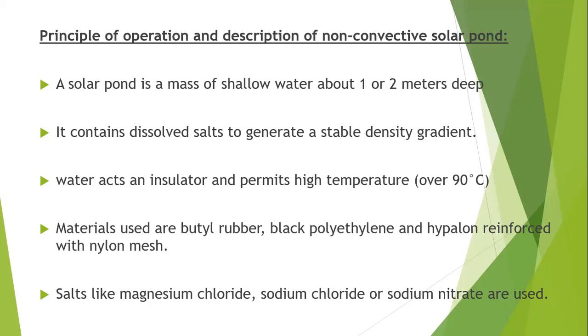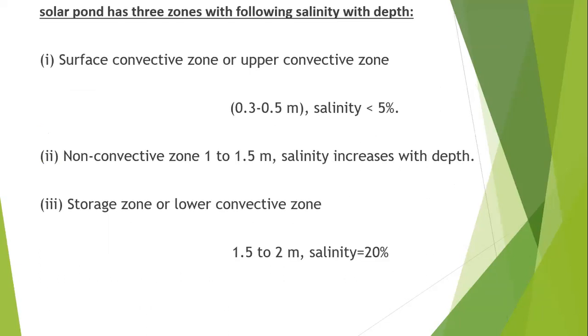By these salt densities we can divide the solar pond into 3 regions, depending upon the salt gradients we are using. The first one is the surface convective zone, or upper convective zone.